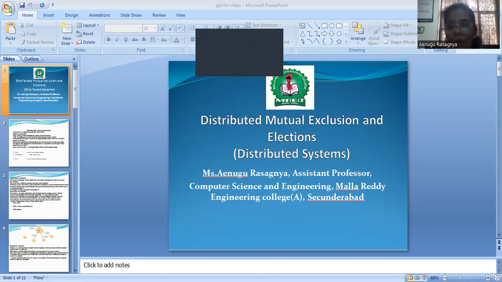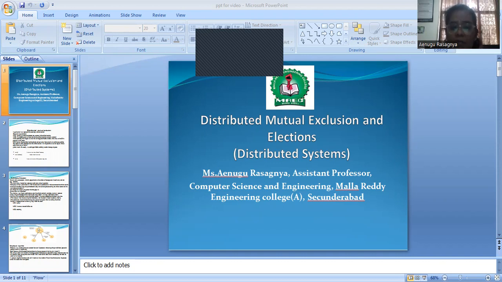It should follow the happened-before relationship, so the process which happened before should enter the critical section first. That is the rule we need to follow. If these three rules, safety, liveness, and ordering, are followed, then we can say that the particular algorithm exhibits the distributed mutual exclusion concept.